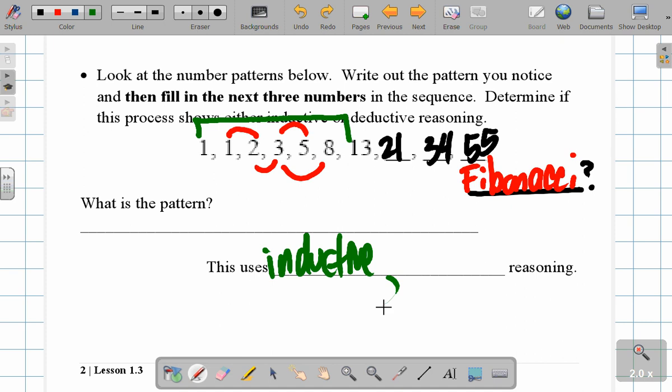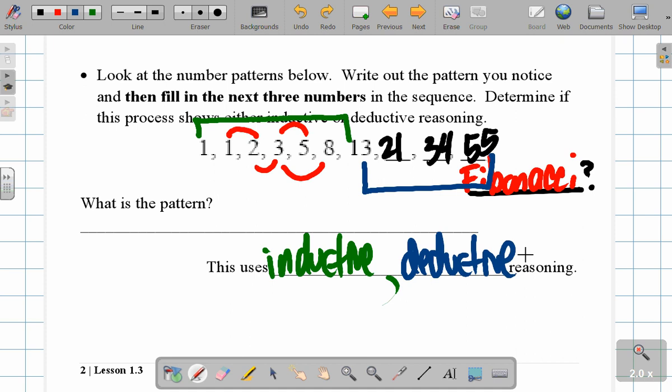Using the truth to predict the future, it's yes. And I set you up for that because I gave you the word or. Now, in geometry, the majority of the logic we use, the majority of the time, is going to be deductive. And that is because of the truths we work with.